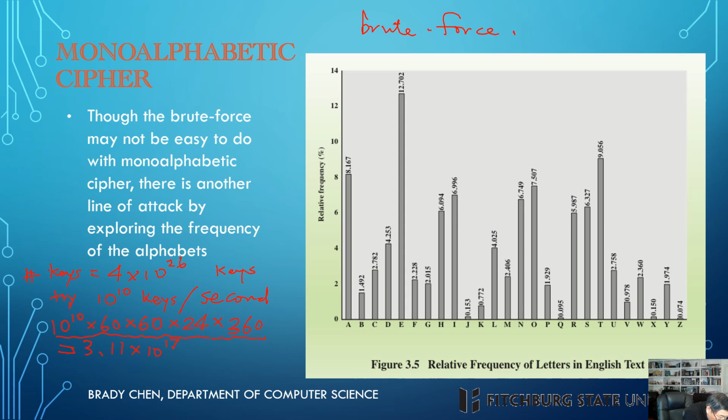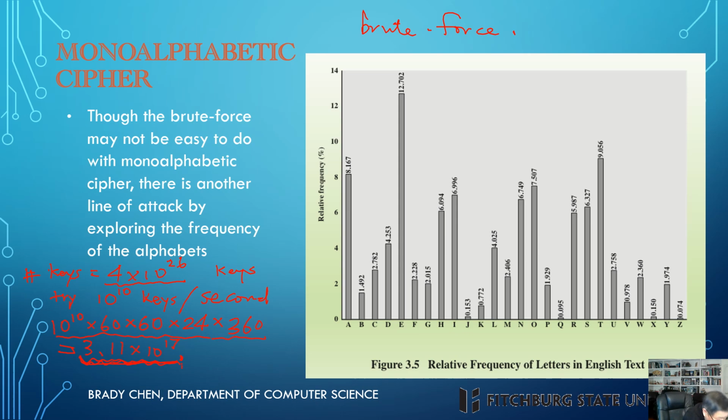So that's the total number of keys I can try in a year using my computer, which can process 1 billion keys in a second. Now, what does that mean? So now with a total of 4 times 10 to the 26 keys, how many years do I need?